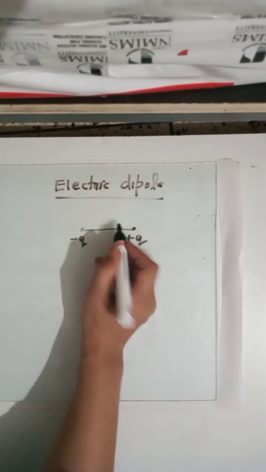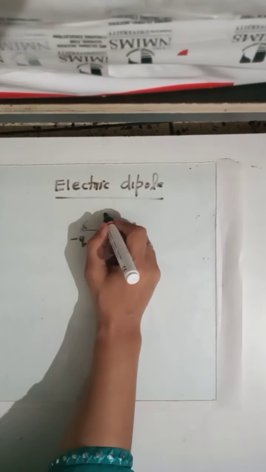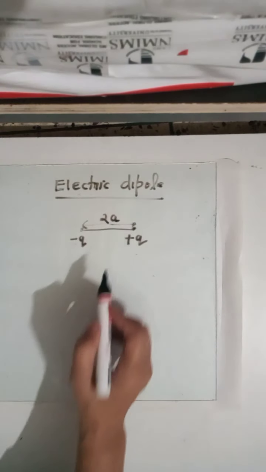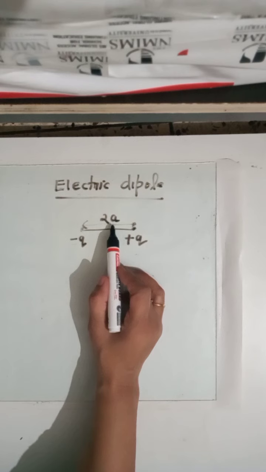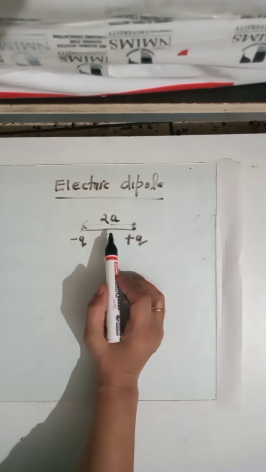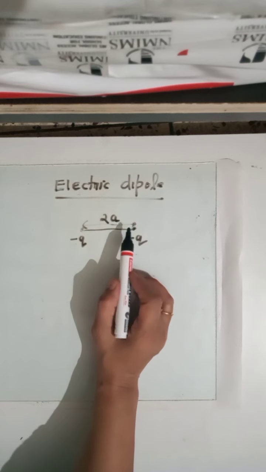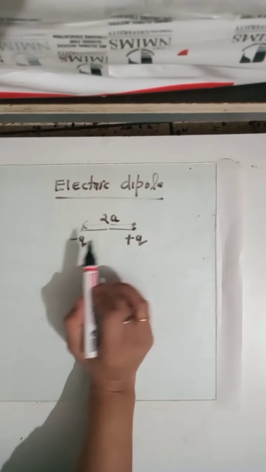The distance between the two charges is known as the dipole length. Here I have represented dipole length by 2a. Why 2a? Because for calculating electric field or potential, we measure all distances from the midpoint.